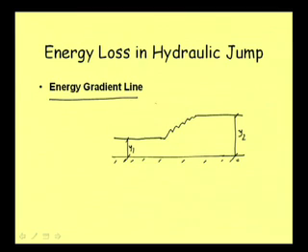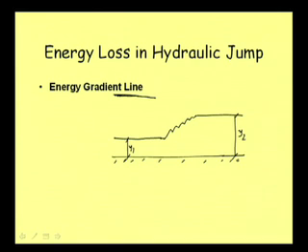Now, suppose the energy line at the upstream point is starting at this point, and definitely towards downstream there will be a slope. So, it is gradually coming down.